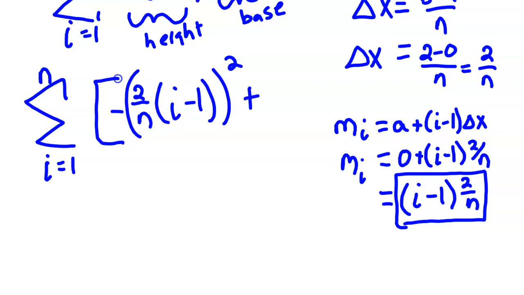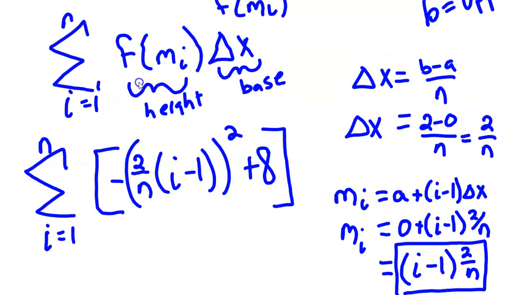We're good to go there. Plus 8. And then what you'll forget to do is take it times this delta x. If you go back up here and look, there's the f of m sub i part right there. And then we need to multiply it by the base of the rectangle. So we're going to multiply it by that delta x again, which is 2 over n.